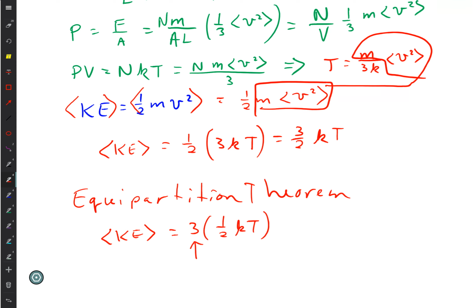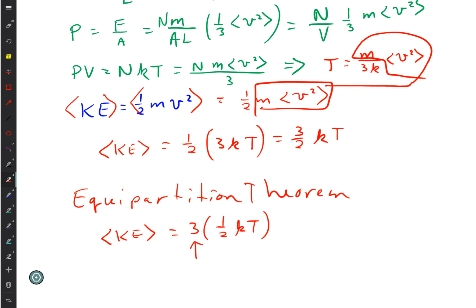And I have to admit, I may have the temperatures where the next 2 things kick in wrong order. But if you get up to high enough temperature, suddenly you can add 2 more degrees of freedom. And so then it becomes, the total energy is 5/2 kT because you have more degrees of freedom. And you also have rotation. A diatomic molecule can rotate like this or like this. It can rotate 2 directions.